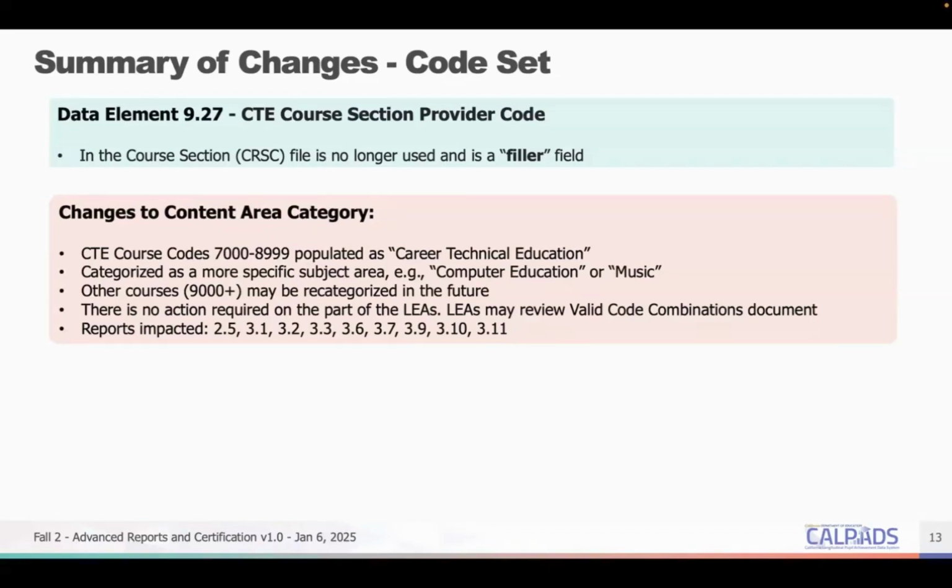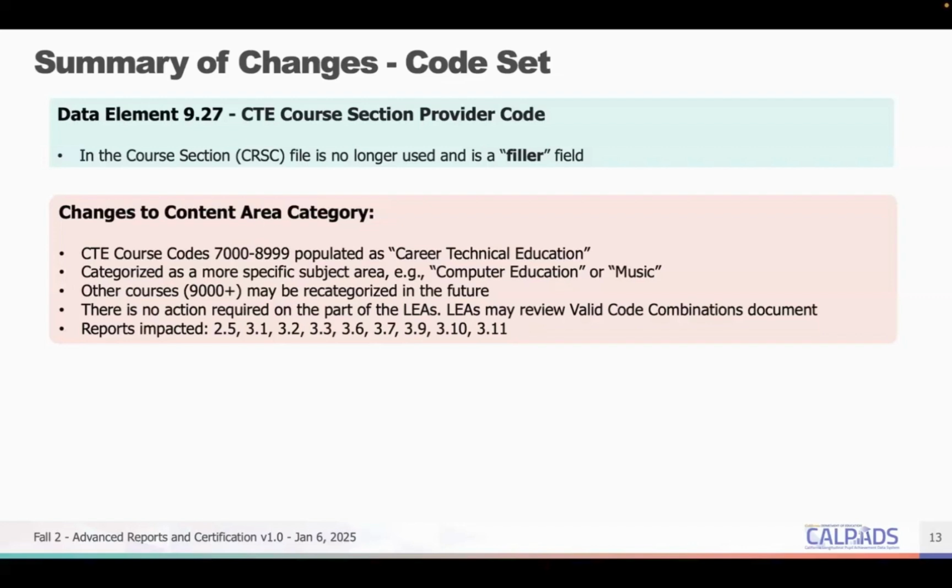They will now be categorized as more specific subject areas, for example, computer education or music. And this update was made to improve usability of this data for CDE's AMARD, or Analysis, Measurement, Accountability, Reporting Division reporting, as opposed to just using the generic CTE designation.